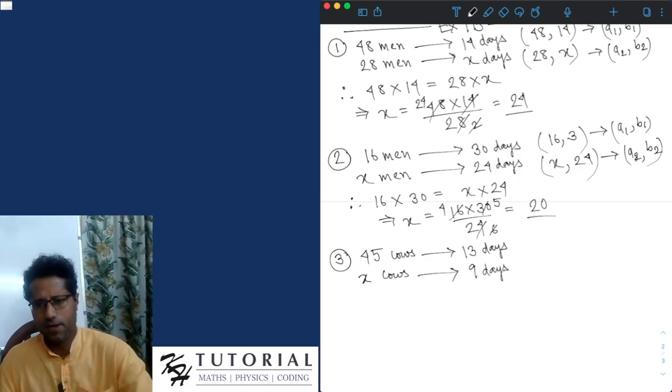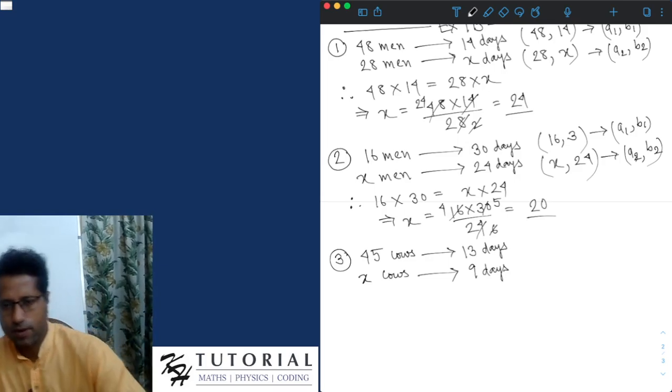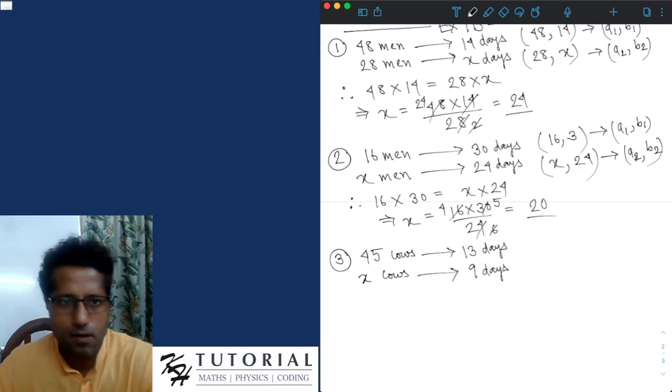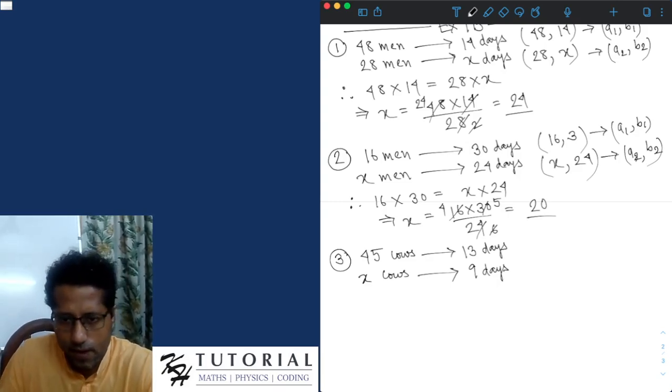So in this, the quantity A is the number of cows and the quantity B is the number of days required to graze the field. Now, therefore we have the product will be equal. So we have 45 into 13 equals X into 9.